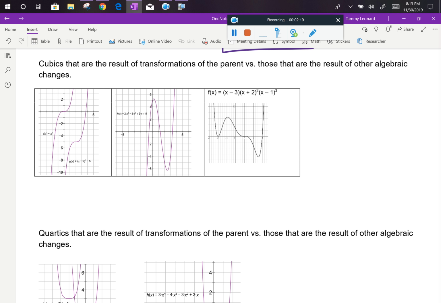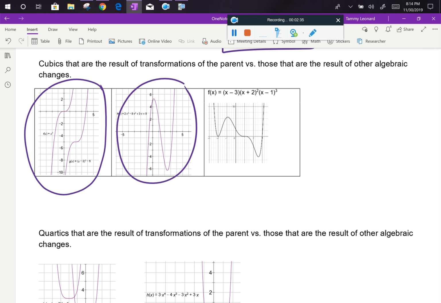So if you have a cubic, for example, that looks like this, that is simply the result of a transformation. So it's going to be a cubic with that wiggle in the middle, as opposed to big highs and lows. When we start seeing highs and lows like this one, that's the result of some more complicated algebra taking place and is not purely a parent function that's been transformed.